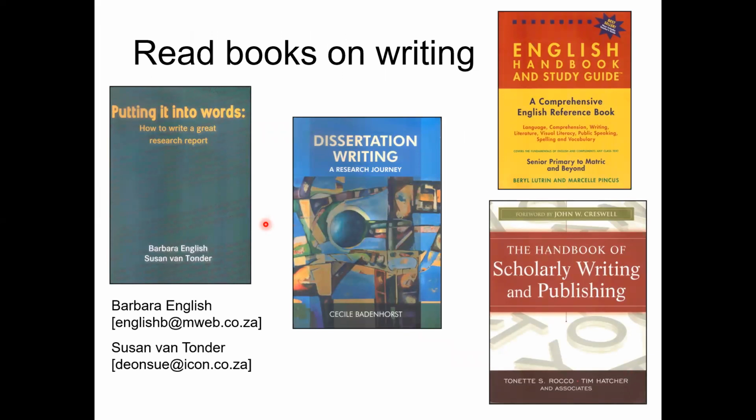Now, to finally going through the literature on writing, I suggest Barbara English, Cecile Badenhorst. I never learned proper English at school, so I found this textbook very useful. And this is also a very good collection of chapters on scholarly writing and publishing.